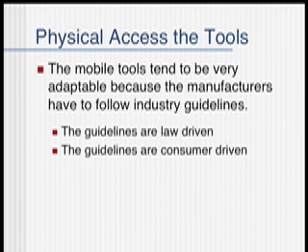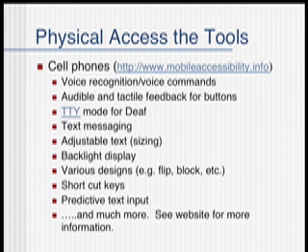Thankfully, in terms of access, mobile tools tend to be very adaptable because the manufacturers have to follow industry guidelines. These guidelines are law and consumer-driven. For example, cell phones contain a wide variety of adaptability features.